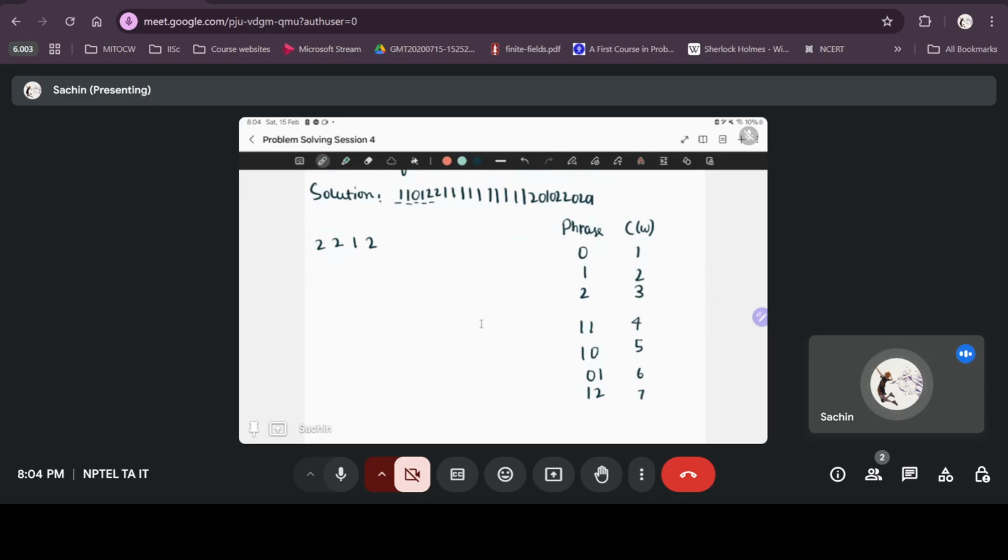Then next we have to encode 2. So 2 is actually indexed, the code word for 2 is actually 3. Then 2 2 is not a phrase, so I have to include that with index 8.